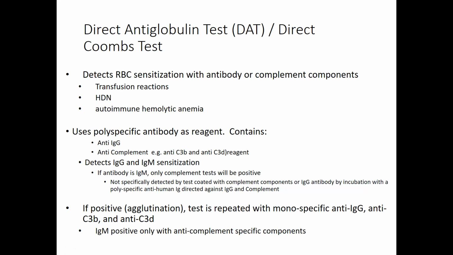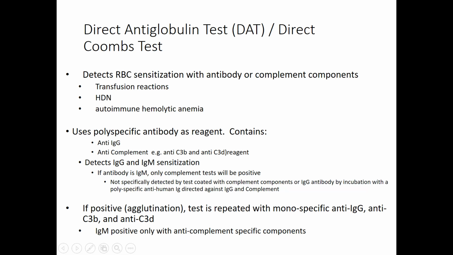If the test is positive with that polyspecific reagent, that screening reagent, we'll do a little bit more testing to rule things out. We'll go over that in just a moment. The DAT test detects both IgG and IgM, but as I alluded to just a second ago, we can see what our anti-human antiglobulin is here. It's against IgG, right?